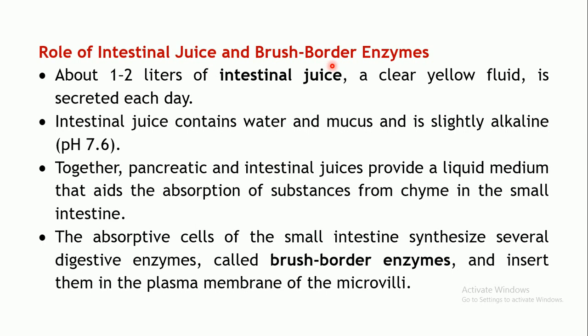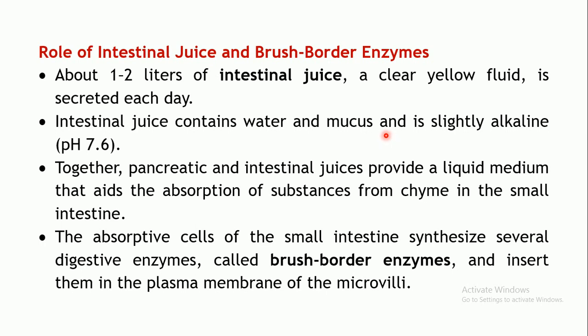Remember, there are intestinal glands present in the mucosa. These intestinal glands produce roughly 1 to 2 liters of intestinal juice, a clear yellow fluid, per day. This intestinal juice contains mainly water and mucus.